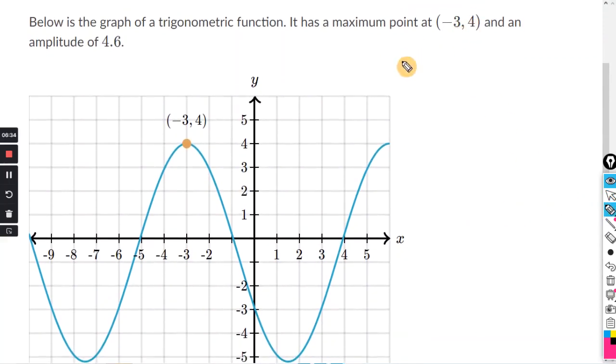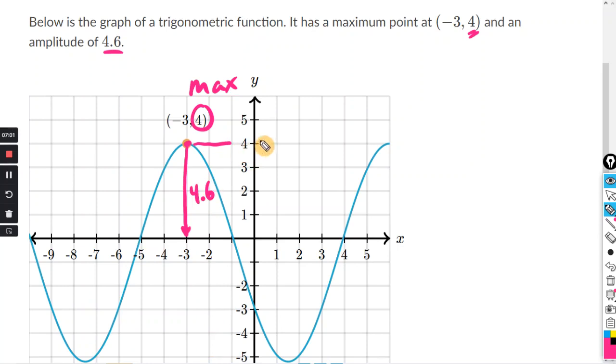But the max point is the y-coordinate right here, and that is at 4, so that's our maximum. And the amplitude is 4.6, halfway between the minimum and maximum. So if we travel downward 4.6 units, we would reach our midline.